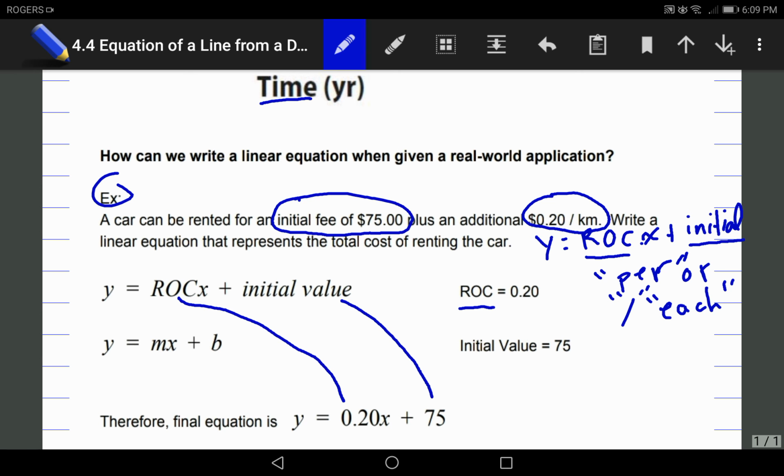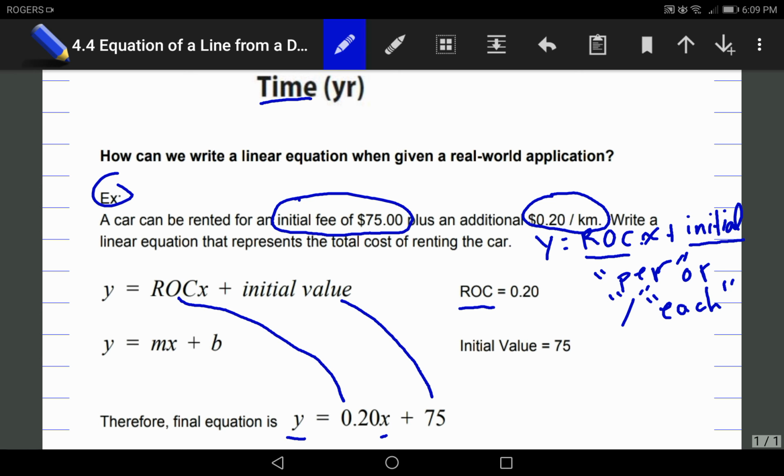But one thing that I do want to discuss, like I mentioned earlier, is the fact that you don't have to use y and x as your letters. In fact, when you get a real world problem, it's probably easier to understand if you don't use y and x. Okay? Because look at what the question says. It says, write a linear equation that represents the total cost of renting the car.